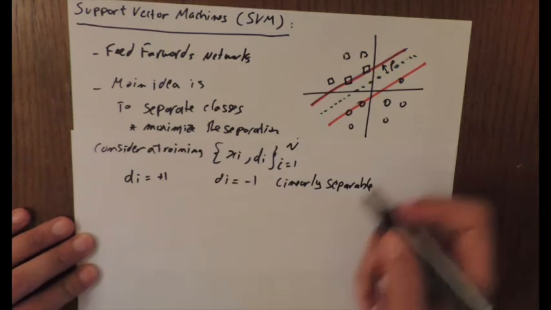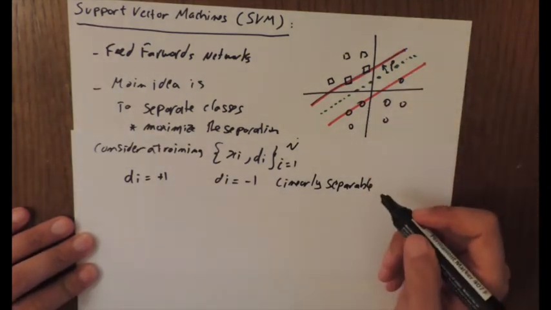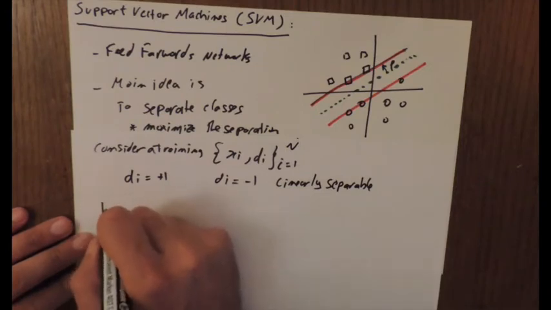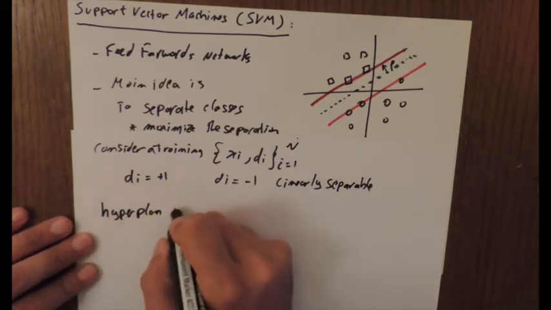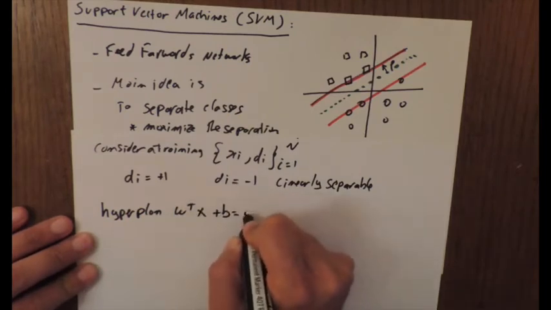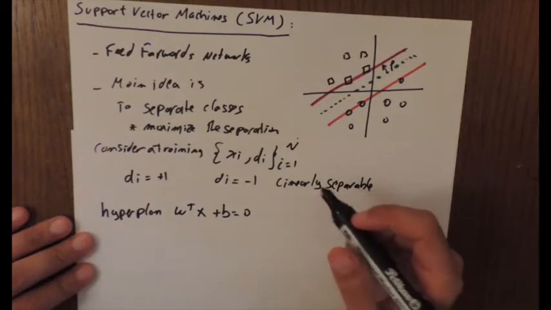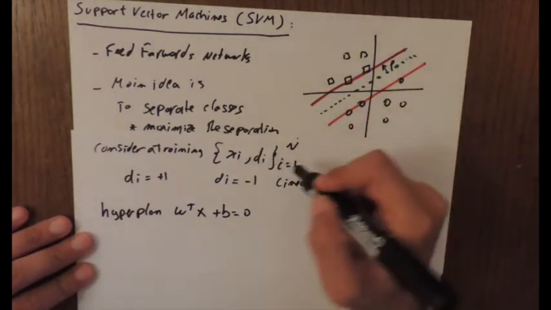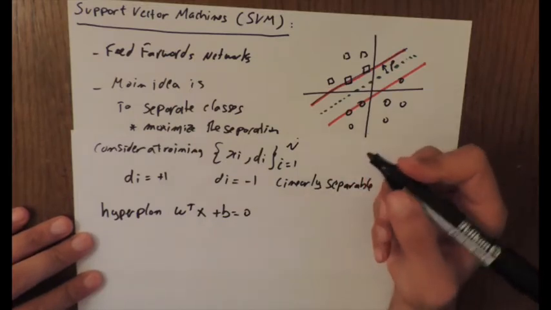The hyperplane that does the separation is defined as follows. As we know, the hyperplane in 2D is a single line, in 3D it's a plane, and so forth. Given this hyperplane that separates the classes, we can write two conditions.